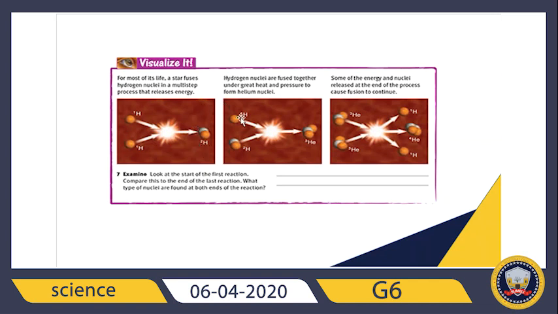Then, the newly formed hydrogen atom, the one that contains 2 protons, will fuse with another hydrogen, the normal one that contains 1 proton. So hydrogen 1 with hydrogen 2, these 2 nuclei will fuse together and result in what? In the formation of a totally new element called what? Helium.